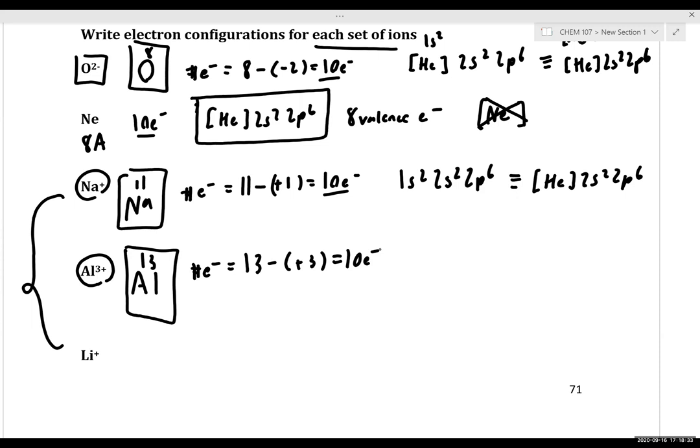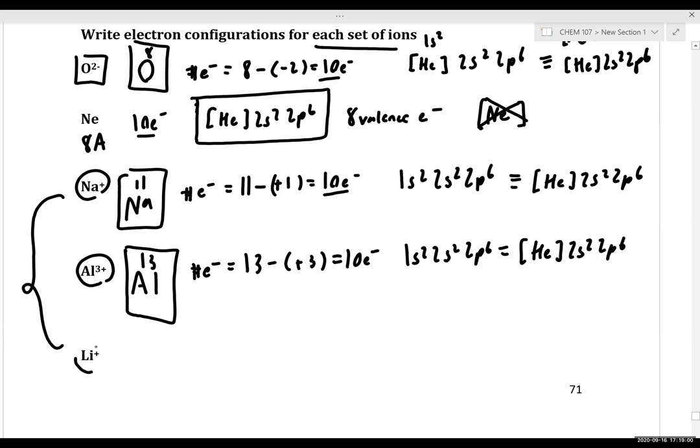Yes. Exactly right. So 1s2, 2s2, 2p6. And that gives us helium 2s2, 2p6. So as we can see, as we have a noble gas-like configuration, all of our electron configurations for these noble gas-like ions have 8 valence electrons.